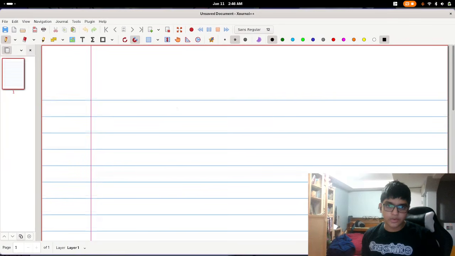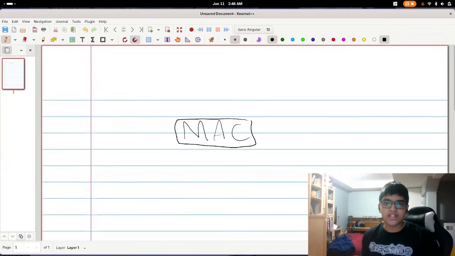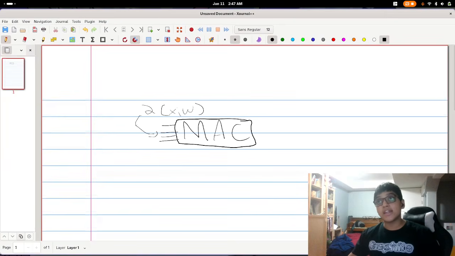You can imagine this as a black box called the multiply accumulate unit. These are a bunch of input wires, in this case x-weight pairs.